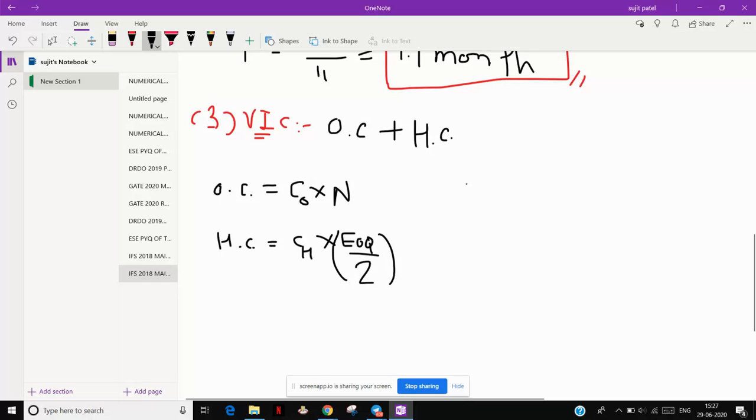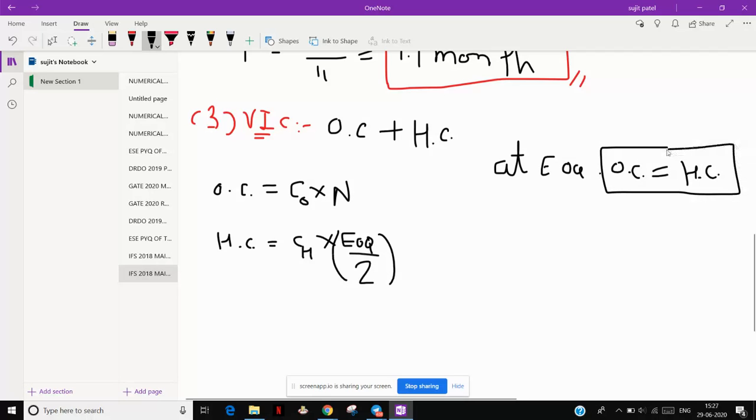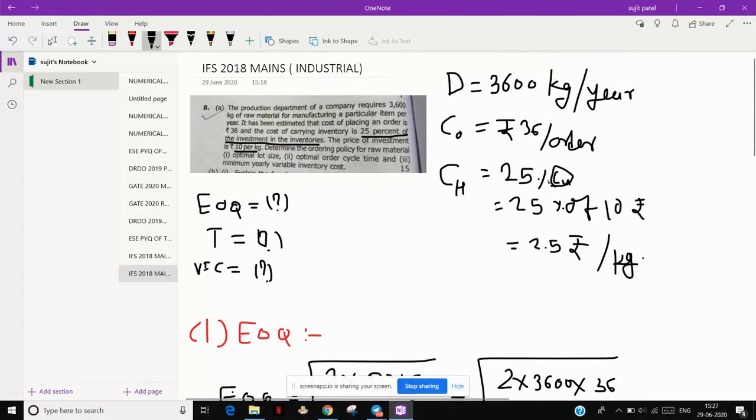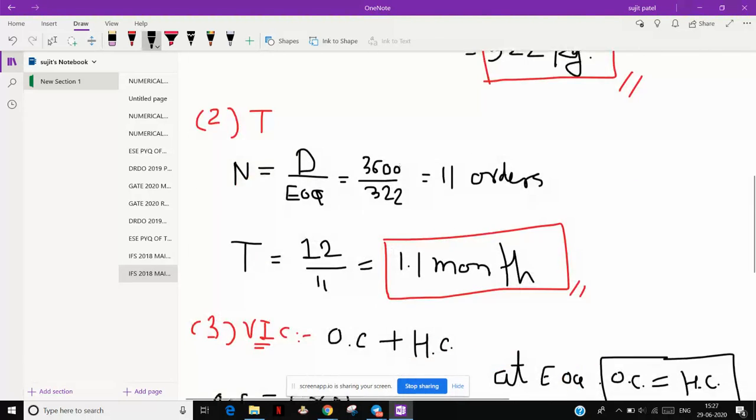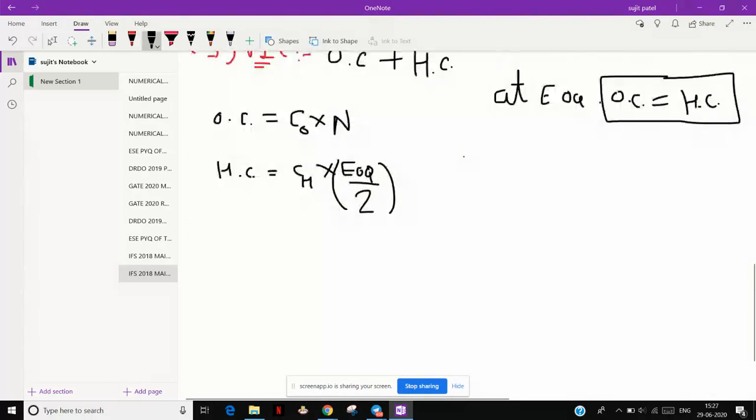And we also know that in the Wilson model, at EOQ, ordering cost is equal to holding cost. I hope you all know this. And what the question asks is the minimum yearly variable inventory cost. So inventory cost is minimum at the EOQ.